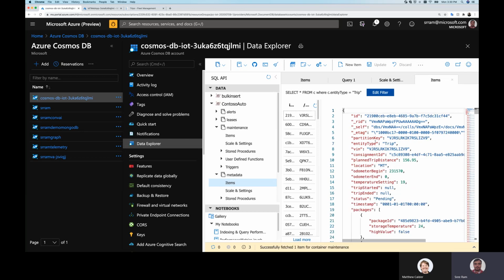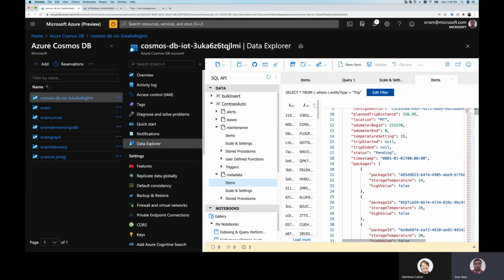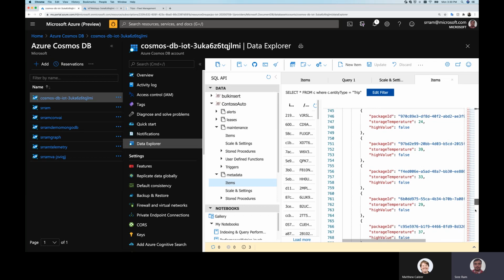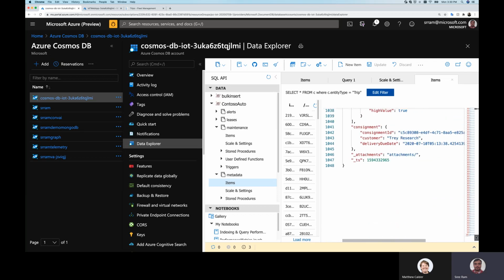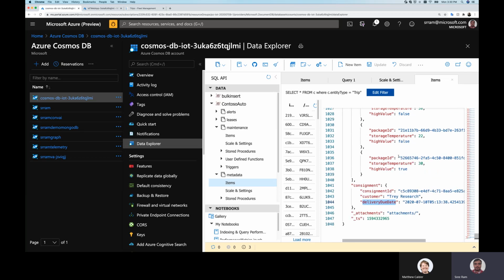As you can see here in the trip, we have the VIN number, VIN information. We have actually all the packages that are embedded here in one shot, right? And last but not least, we got the very key fields from the consignment, such as the customer name, consignment ID, and delivery due date.